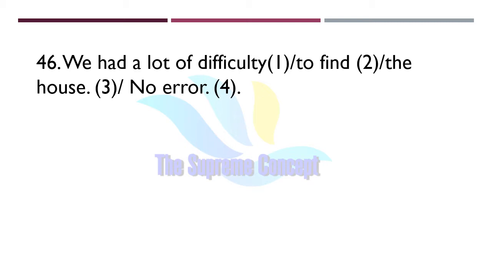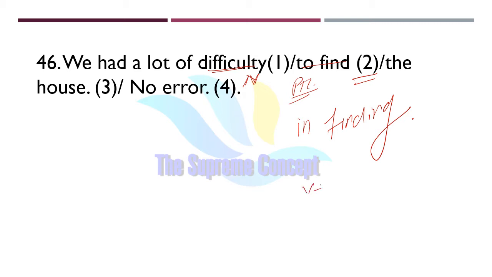Yes, you're right. The error lies in part number 2. We cannot use to plus infinitive here. Instead of "to find", we will use "in finding". Why so? Because when a noun, here the noun is difficulty, is used with a preposition, it will follow the gerund form of the verb, that is verb plus ing.